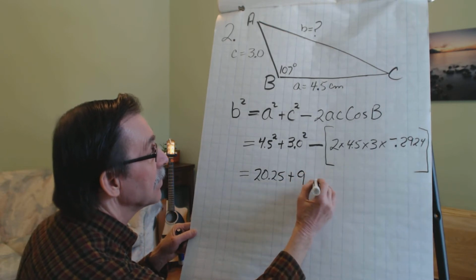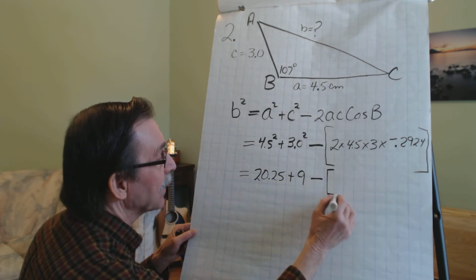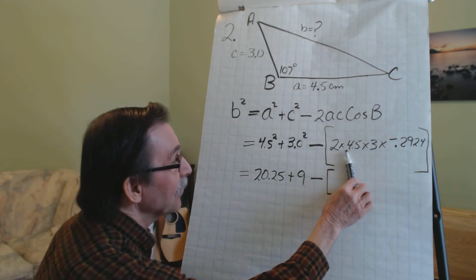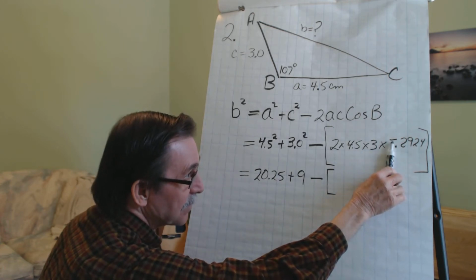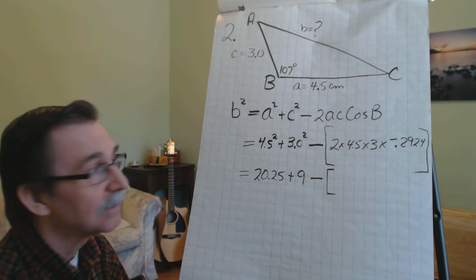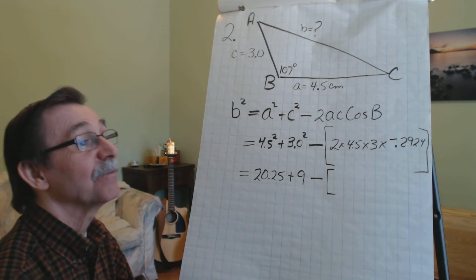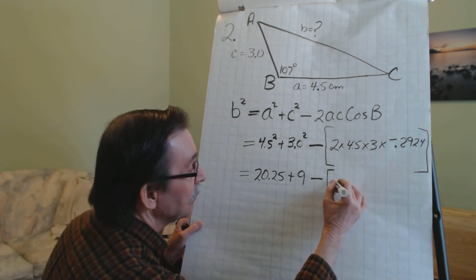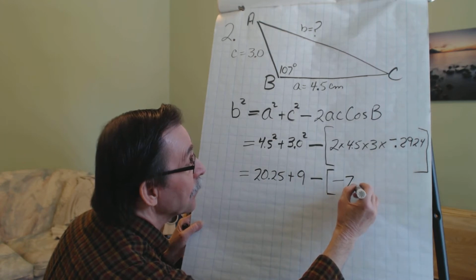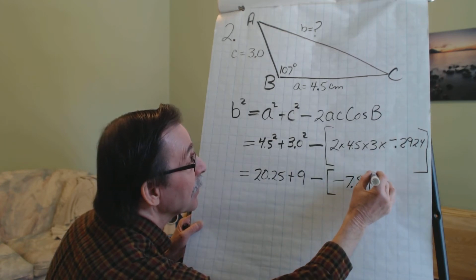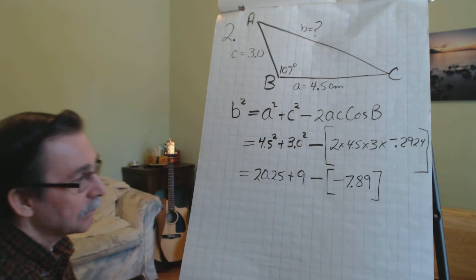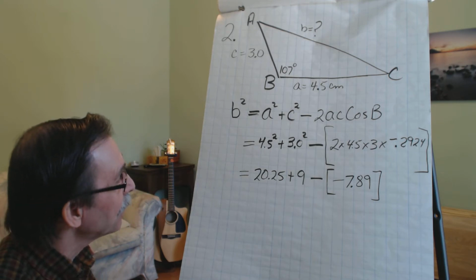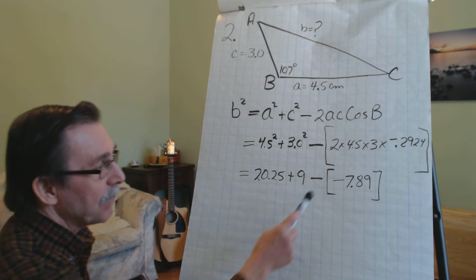Plus 9 minus, now I'm going to put this bracket back in for a second. I'll show you why. Because if you multiply all this stuff out, and don't forget this sign, you are going to get a negative value, and I'm going to call it approximately negative 7.89. Okay, so just a step or two more and we'll be home free. Little mathematical reminder here.